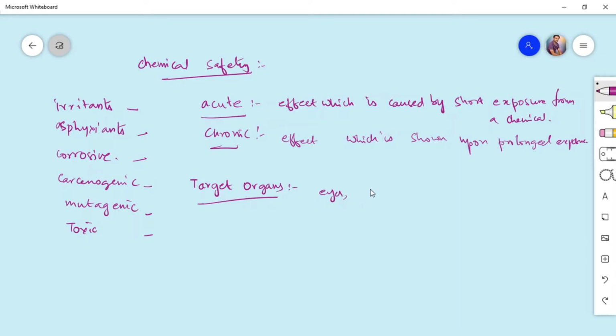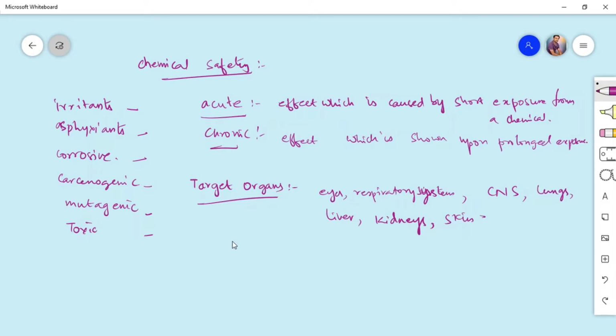Eyes, your respiratory system, CNS, central nervous system, lungs, lung tissues, liver, kidneys and so on. I do not think chemicals will directly impact the heart, but they can impact your skin. Skin is also a target organ. These are the common target organs that we discuss.